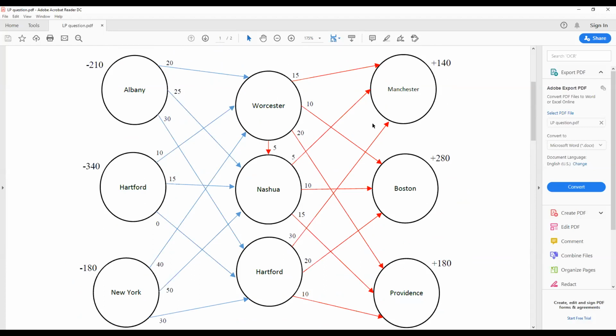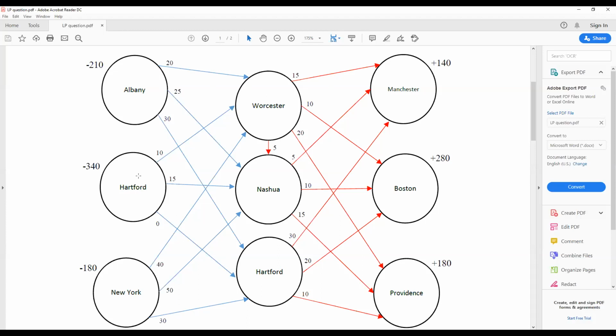Basically, you can make a linear programming model and assign how many goods you should send in each link. At the end, you can minimize your cost. So if the minimum cost of the transportation in this transportation plan is less than $16,000, it makes sense.